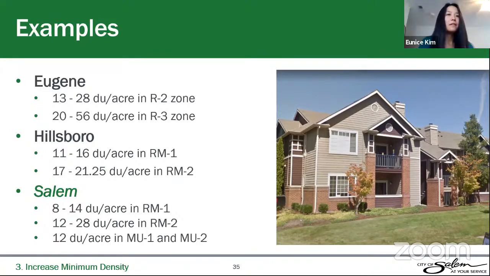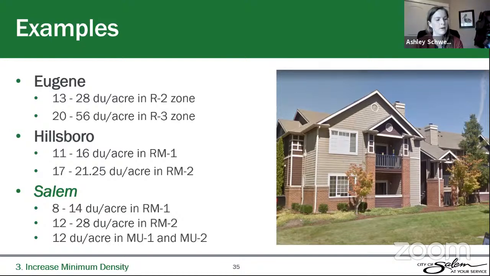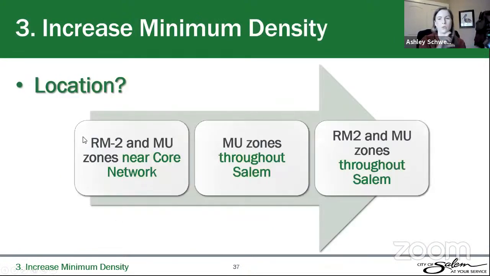Great. Commissioner Schweikart has her hand raised. Great. I know folks have been making comments about this option broadly, but there is the either-or that's set up here: near the core network or throughout Salem. Those are two different options. Personally, I would lean towards throughout Salem.